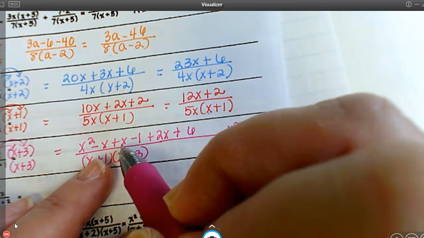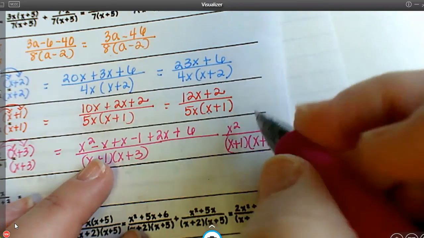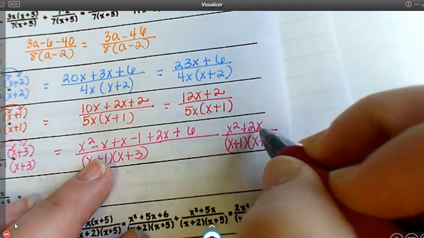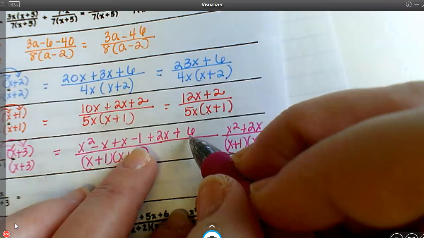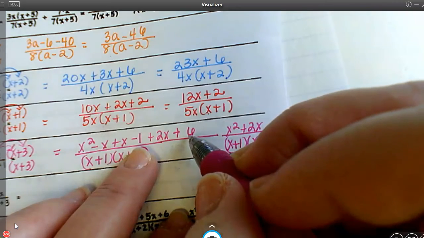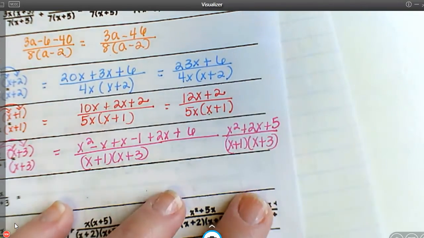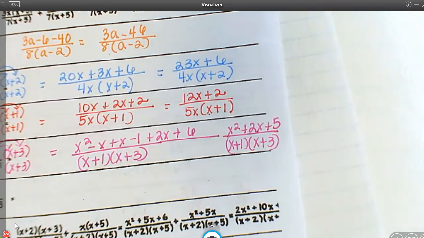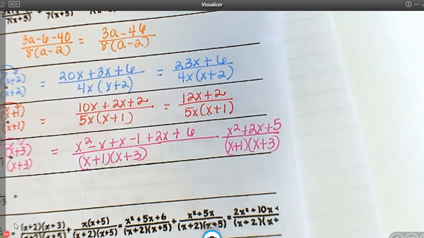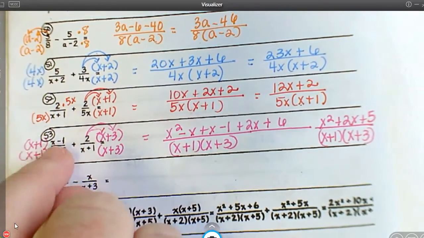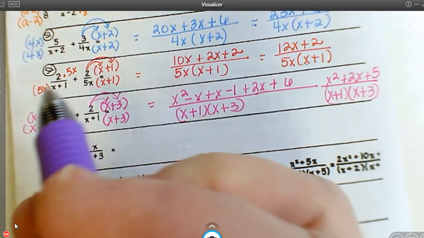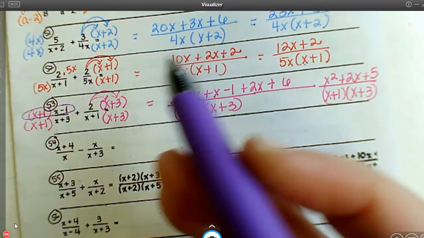Alright, negative x and x is 0, and then there's another 2x, so there's a 2x. And then there's a negative 1 and a 6, which makes a 5. So the only reason that one was a little different is just because there were more things having to be multiplied whenever you multiply this part right here.